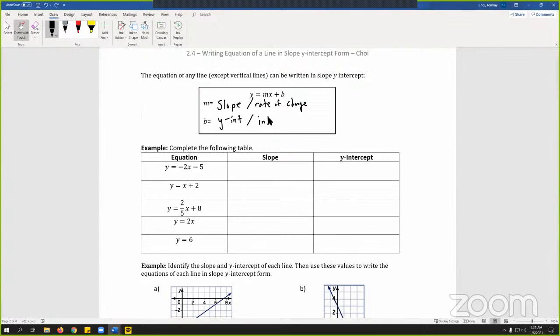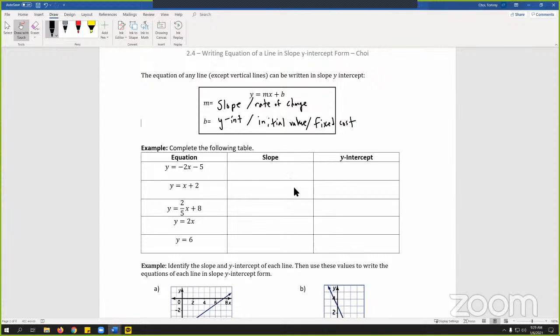Let's write that again. Initial value slash, so y-intercept, initial value, as well as, like, you can call this fixed cost, right? So there's a lot of different names for the b value, but that's essentially what we're working with here.